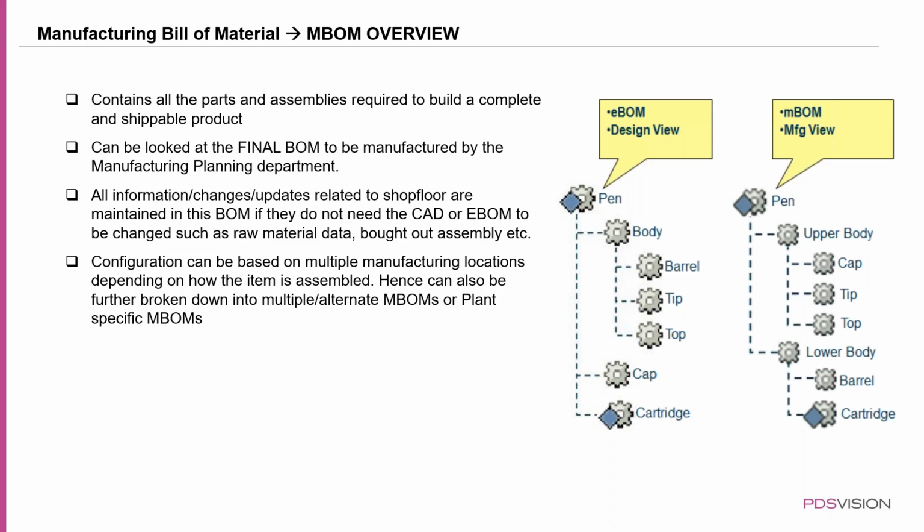So it's not actually creating a copy, but in simple words, we create a copy of an e-bill of material, and then we create its M-BOM, but with a different name.